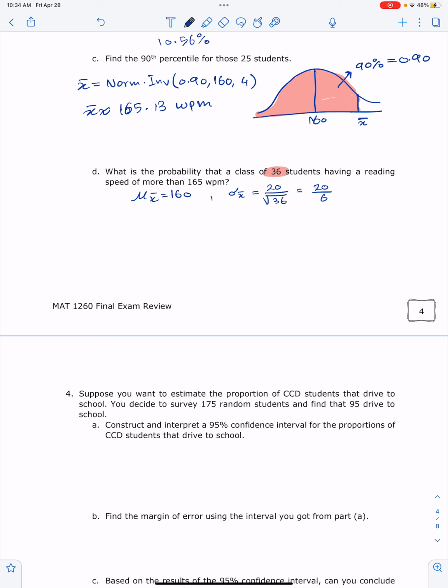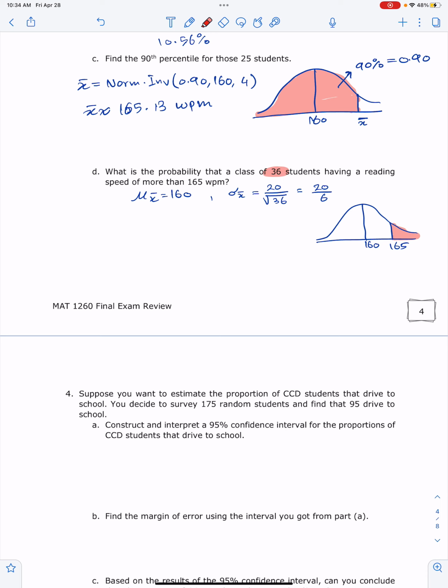And now, all you need to do is to illustrate the shape. So the shape is a normal distribution. Here is the mean 160, and then 165 is roughly here. And we need to find the probability that the class has a reading speed of more than 165. More than is the area to the right.